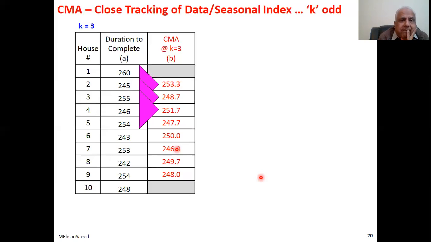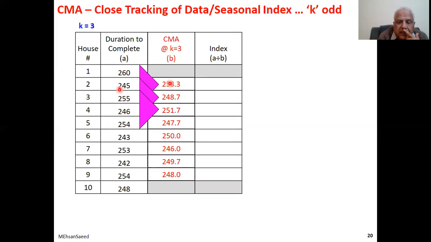So once these averages have been found, the next stage is to find the index. Index is nothing but dividing the actual by the average. In case there is no value over here, there's no point dividing. Over here, the actual duration was 245. The estimate for the next was 253.3. So this divided by this gives us an index of 0.97.